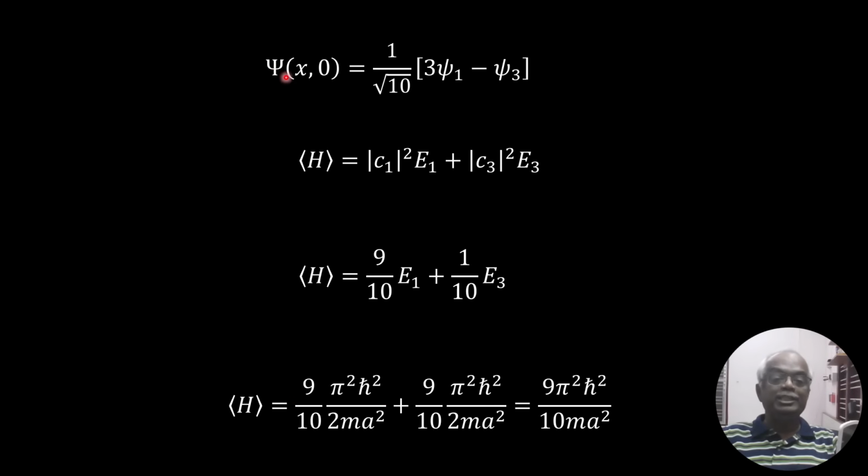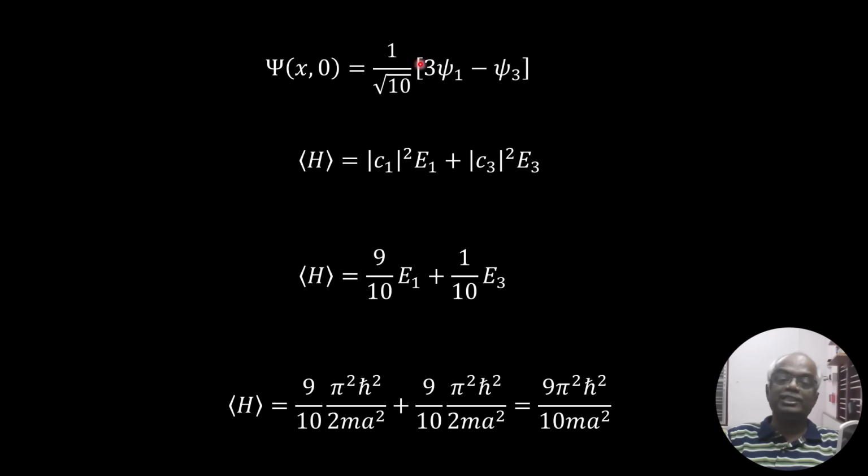A few minutes back, we have seen psi of x, 0 is equal to 1 over square root 10 times 3 psi 1 minus psi 3. Now, what is the expectation value of energy? That is the expectation value of the Hamiltonian: modulus C1 squared E1 plus modulus C3 squared E3. So, what is modulus C1 squared?